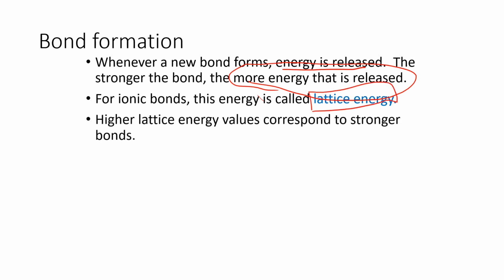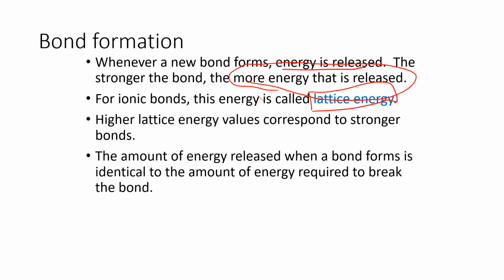The higher the lattice energy, the stronger the bonds. The amount of energy released when bonds form is identical to the amount of energy required to break the bond. So how much energy are you going to need in order to remove those bonds so you can form new ones?